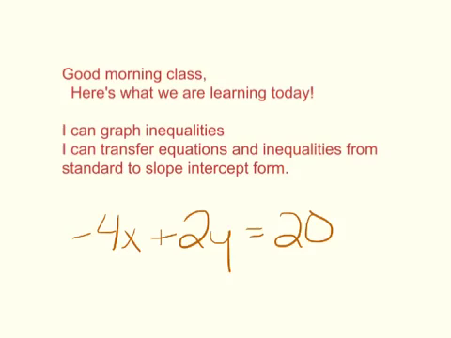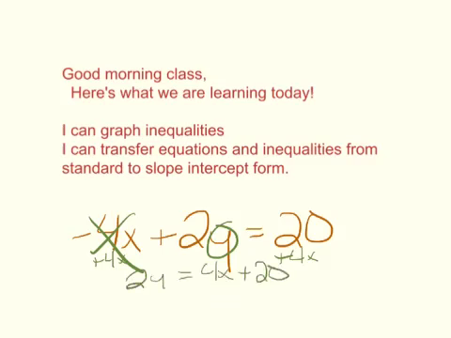Alright, so the very first thing that we need to do, we need to add 4x because we want to get y all alone on this side. So add 4x, cancels out. We have 2y equals 4x plus 20, and then the last thing that we have to do is divide each side by 2.